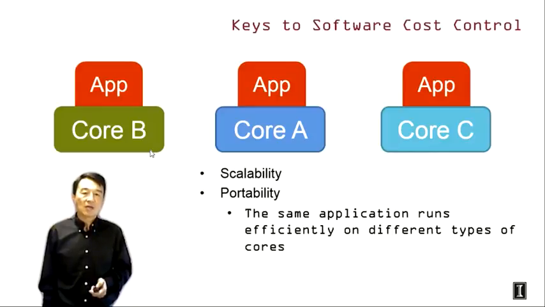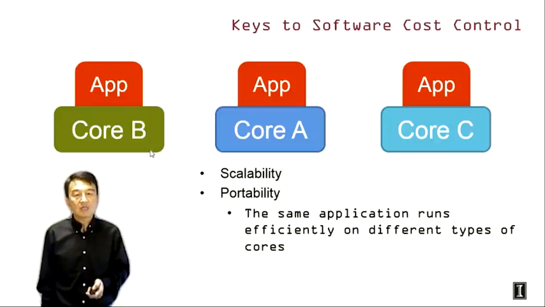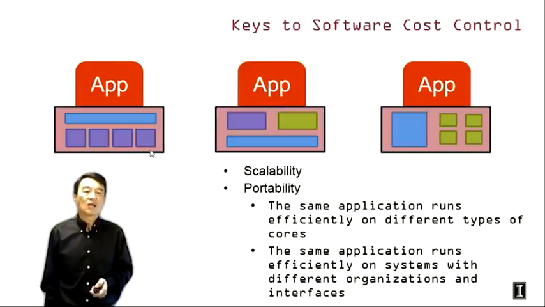But if the application is portable, then users can expect to run the same application on different hardware types, often from different vendors. This can also decrease the software cost because the developer will not need to redevelop or revise the application to run well on other vendors' systems.